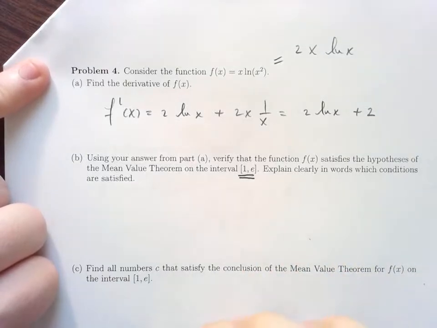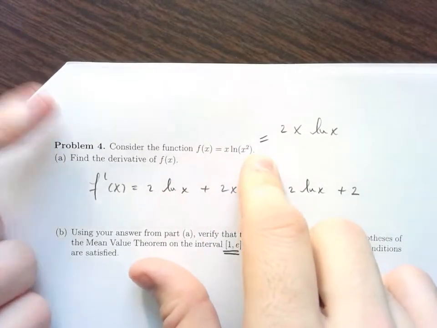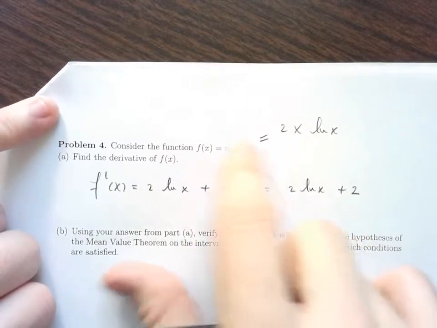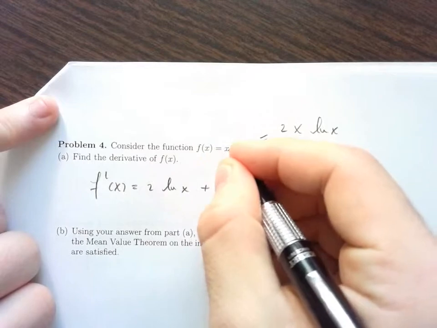So let's see, is our function continuous there? Yes, because the log is continuous from 0 to infinity. x squared is continuous everywhere, so that's a composition of continuous functions, and multiplying by x doesn't change continuity.